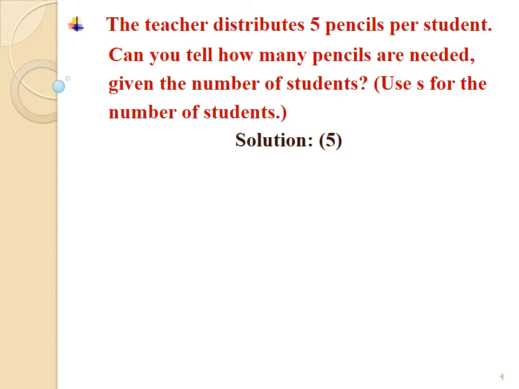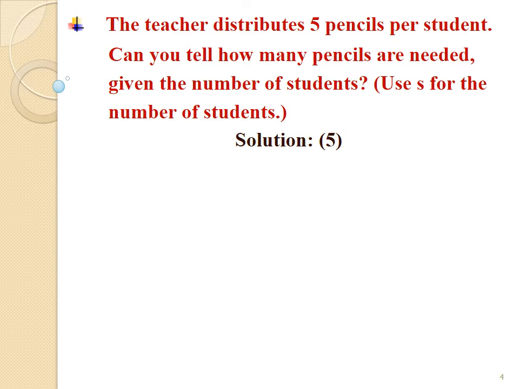So, we can say that number of pencils needed will depend on the number of students. Say, if there are 40 students, then total number of pencils needed is 40 into 5 or 200 pencils.